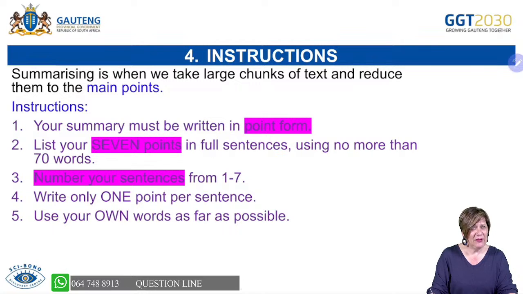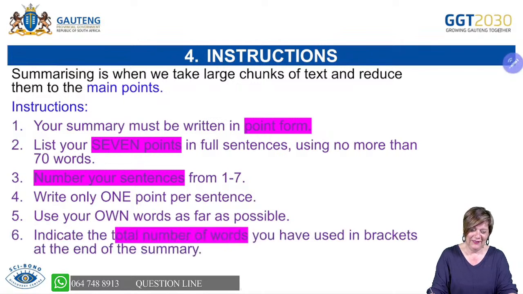And probably this is the most difficult part. You need to try and write it in your own words as far as possible. Please remember to count your words and write at the end of your summary the final number of words. But I promise you, we will count it.